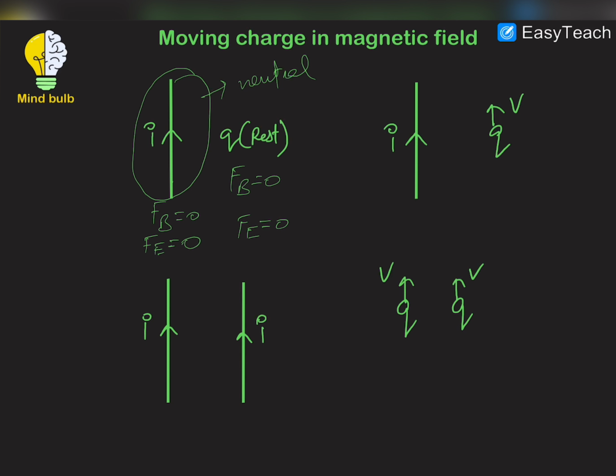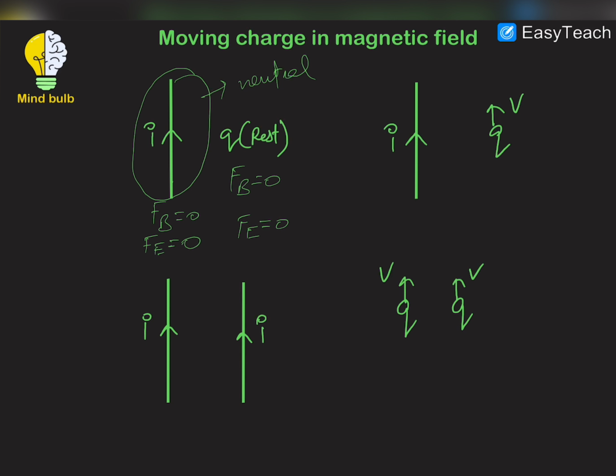But we know that at least two electric fields are required for electric force generation, so there would be no electric force acting between them. Now in this second case, you can see that if this charge is moving with some velocity v, then obviously this moving charge will produce a magnetic field, as well as this wire will produce the magnetic field.